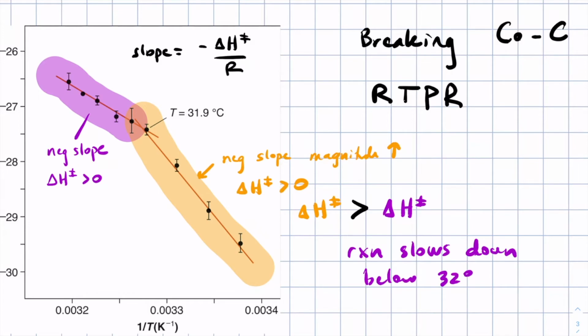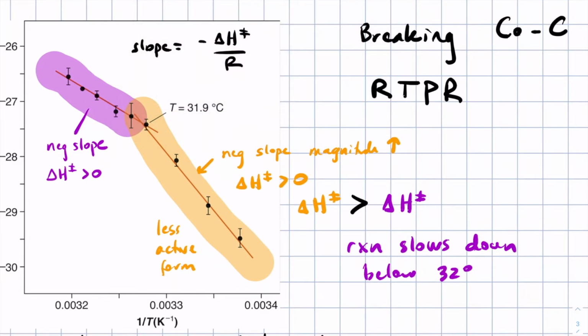In this case, the researchers found that below 30 degrees, the enzyme went through a conformational change that converted it into a less active form. And above 32 degrees, it was in a more active form.